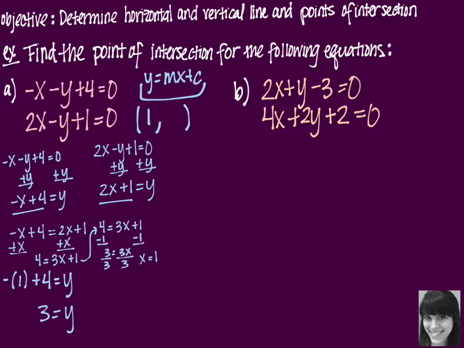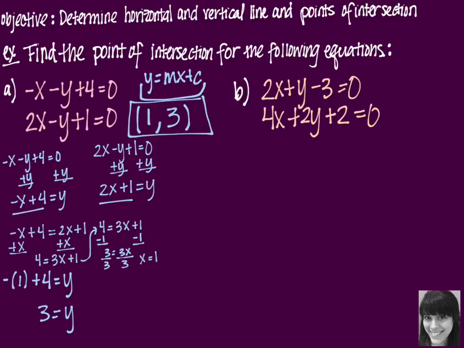So y equals 3. That means that the point at which they intersect is (1, 3). Okay? (1, 3) is the point where both of these equations intersect.